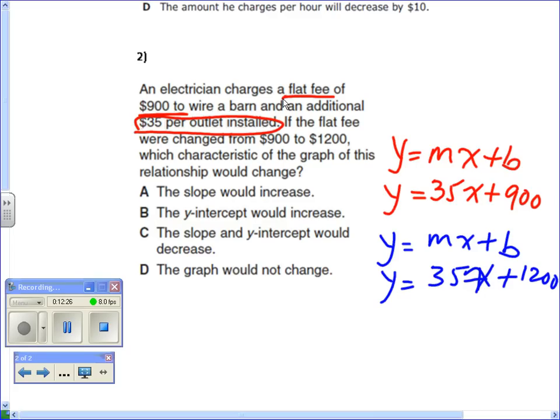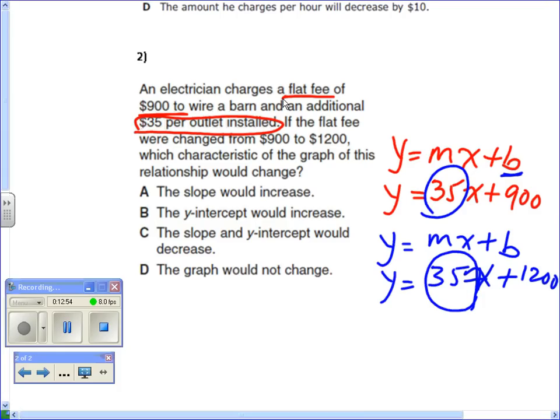You can see that in both cases, the slope, the rate at which he's charging per installation, is still the same, 35, whereas the difference comes out in the beginning point, the flat fee, the starting fee, which went from $900 to $1,200.